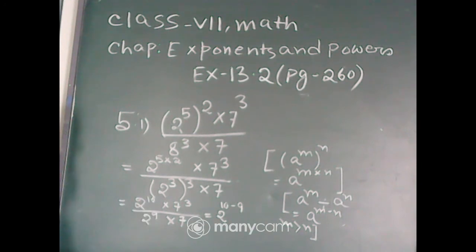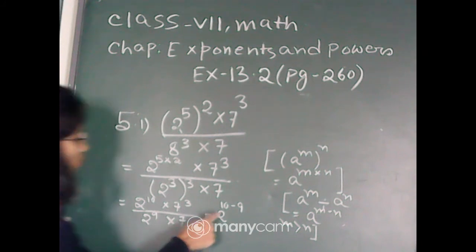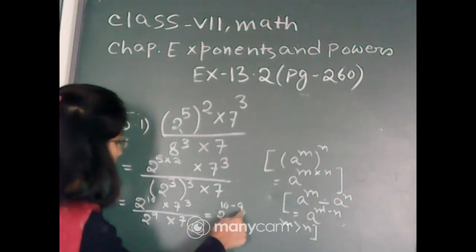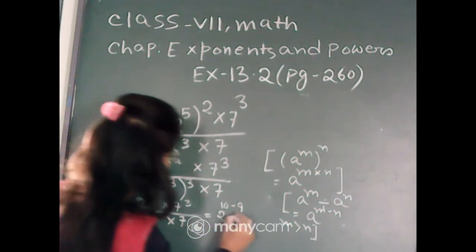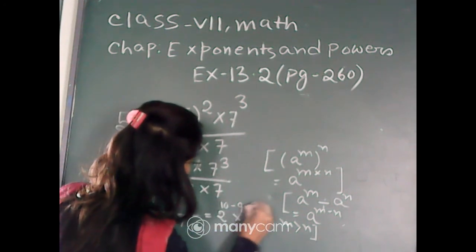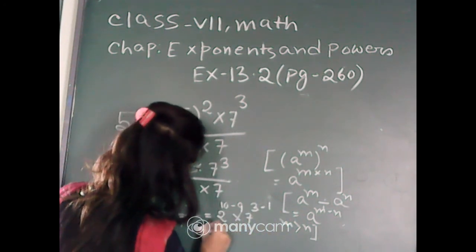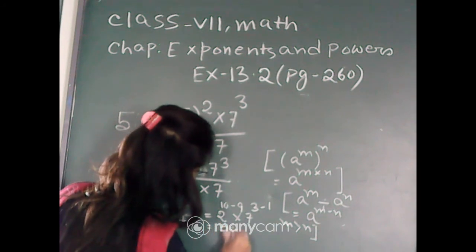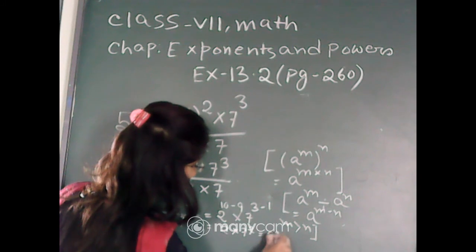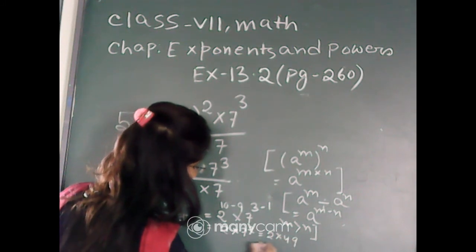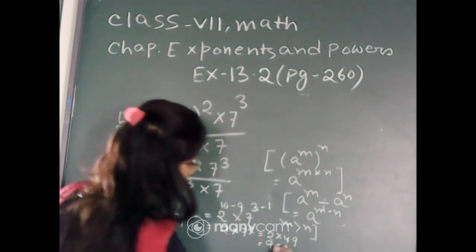So, 2 to the power 10 divided by 2 to the power 9 is equal to 2 to the power 10 minus 9. Again, 7 cube divided by 7 is equal to 7 to the power 3 minus 1, that is 2 into 7 square. We all know that 7 square is equal to 49 and the final answer is 98.